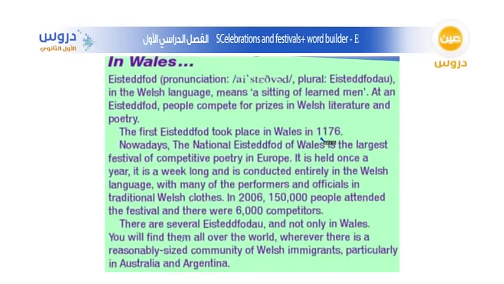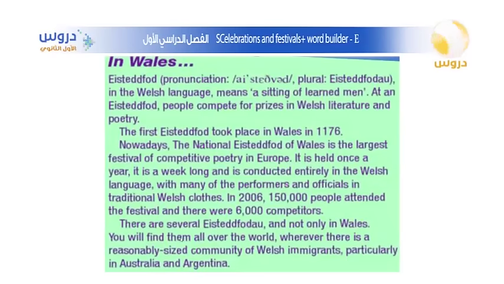So this is the first article here. In Wales, Eisteddfod, pronunciation here. We've got two pronunciations of the word Eisteddfod.